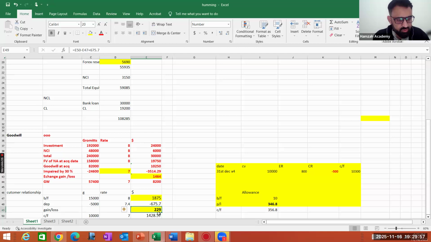Now these values we have to adjust in the corresponding balance sheet.